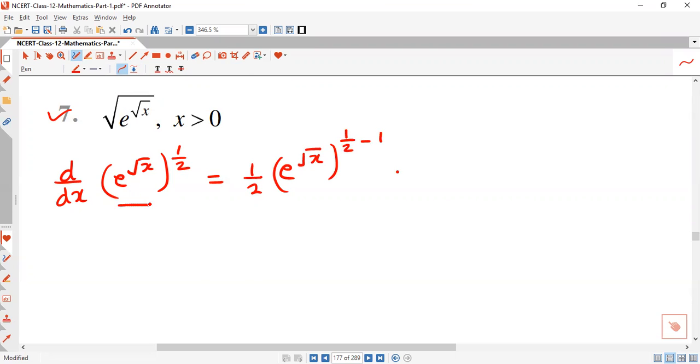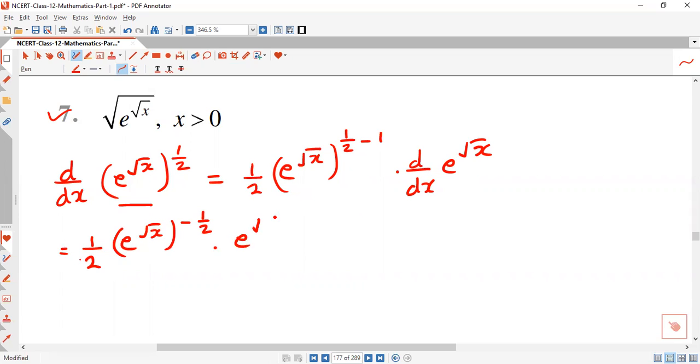this part is not x, so we have to differentiate this part again, dy/dx of e raised to root x. So simplify this one. You will say that here half, this power becomes e raised to root x, the power becomes minus half, into, if you differentiate e raised to root x, it gives the same value, e raised to root x.